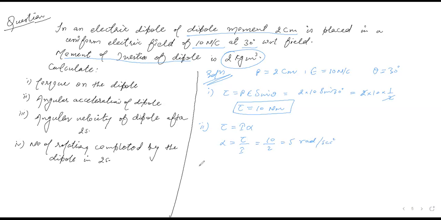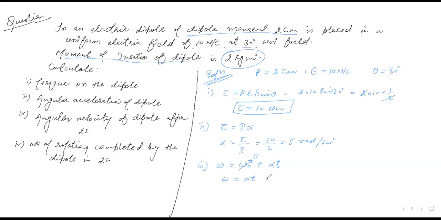The third one is the angular velocity of the dipole after 2 seconds. So we can use omega is equal to omega naught plus alpha t. Omega naught is your initial angular velocity, which is 0. So your equation will be omega is equal to alpha t.